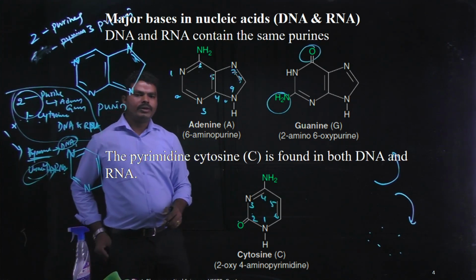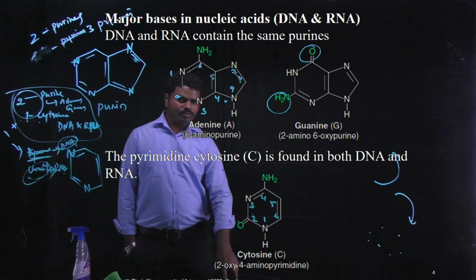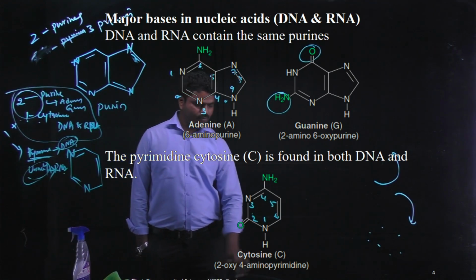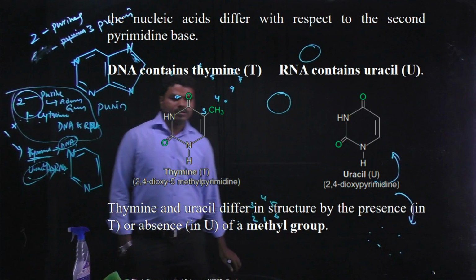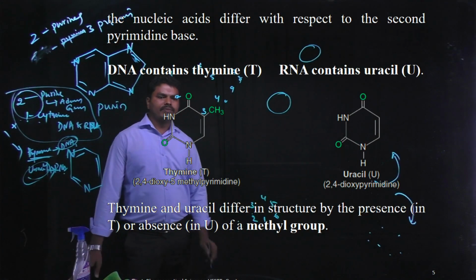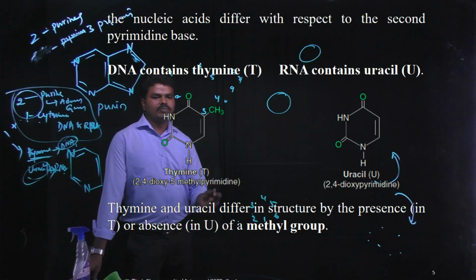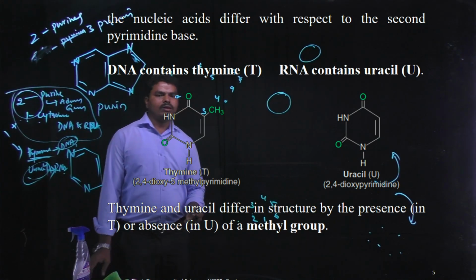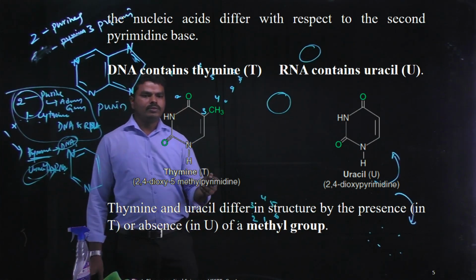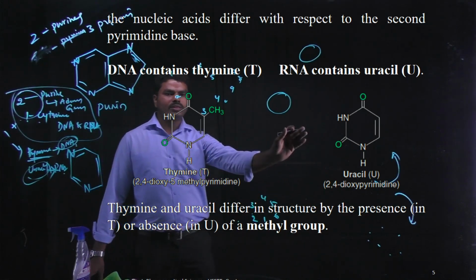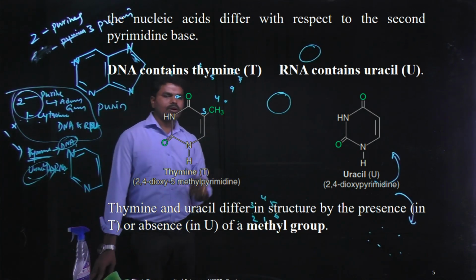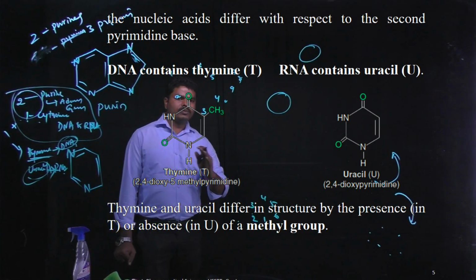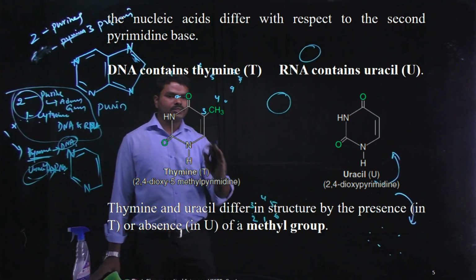Thymine and uracil differ in structure by the presence or absence of a methyl group. The difference is the methyl group at the fifth position of the pyrimidine. Otherwise both are the same.